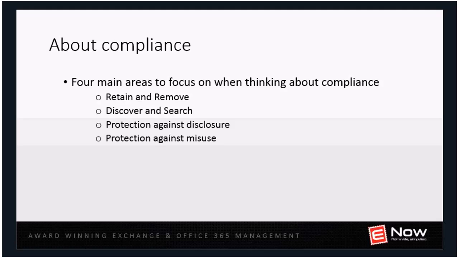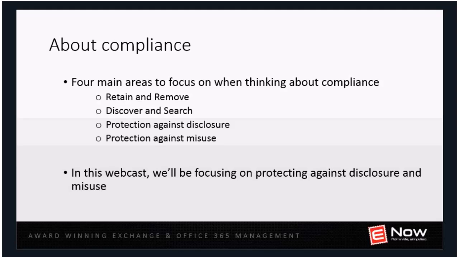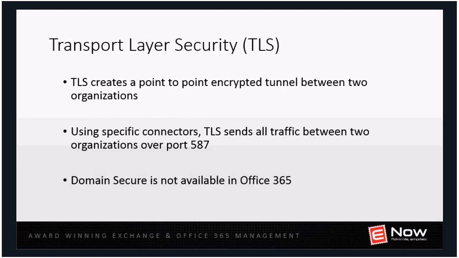So maybe you send a company-wide announcement because you want to make sure everybody in your organization knows about the shiny new product that's coming out next week, but you also want to ensure that there's not a disgruntled employee that's going to forward that on to CNN maybe or something like that. So in this webcast, we're going to be focusing on those last 2, protecting against disclosure and against misuse.